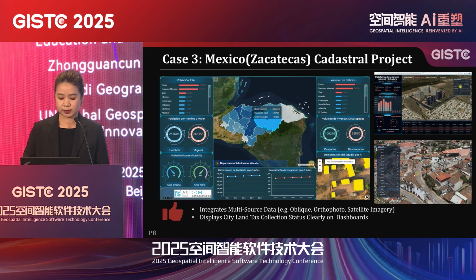Furthermore, it displays the city land tax collection status clearly on dashboards, which is a prime example of how cadastral data can directly support municipal finance. By visualizing the tax collection status on intuitive dashboards, authorities can gain immediate insight and make data-driven decisions to optimize the revenue collection.